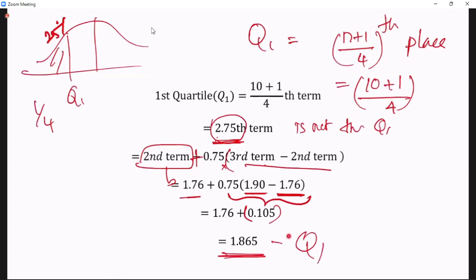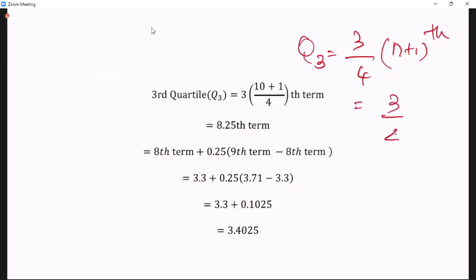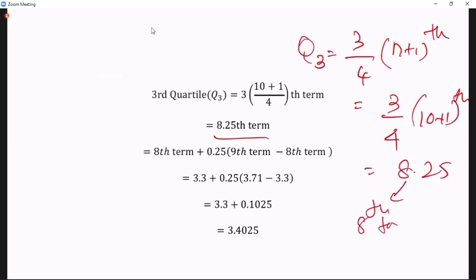Now we found the first quartile and second quartile, and here is the third quartile. This is the formula for the third quartile, (n plus 1) times 3 divided by 4, Q3. For this data set, 3 over 4 times (10 plus 1) gives 8.25. So the 8th term plus 0.25 times (9th term minus 8th term).